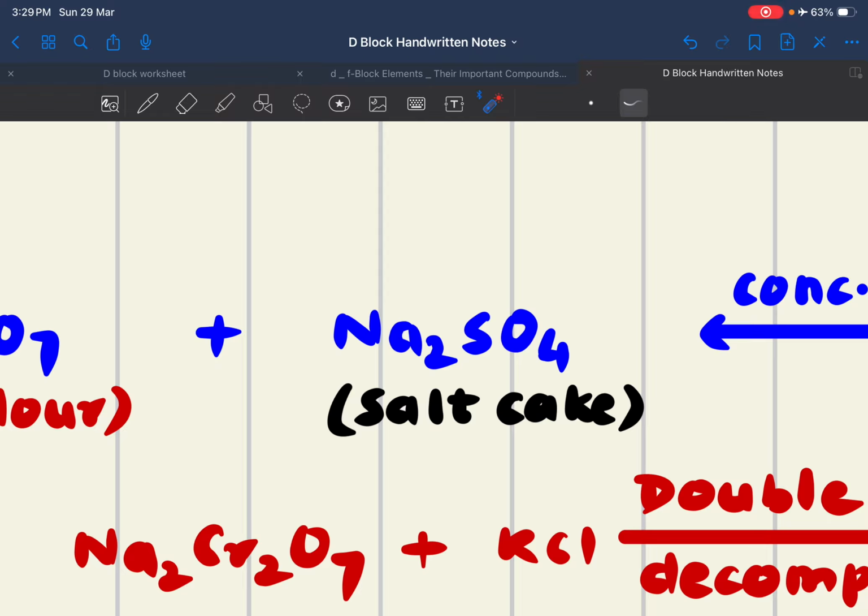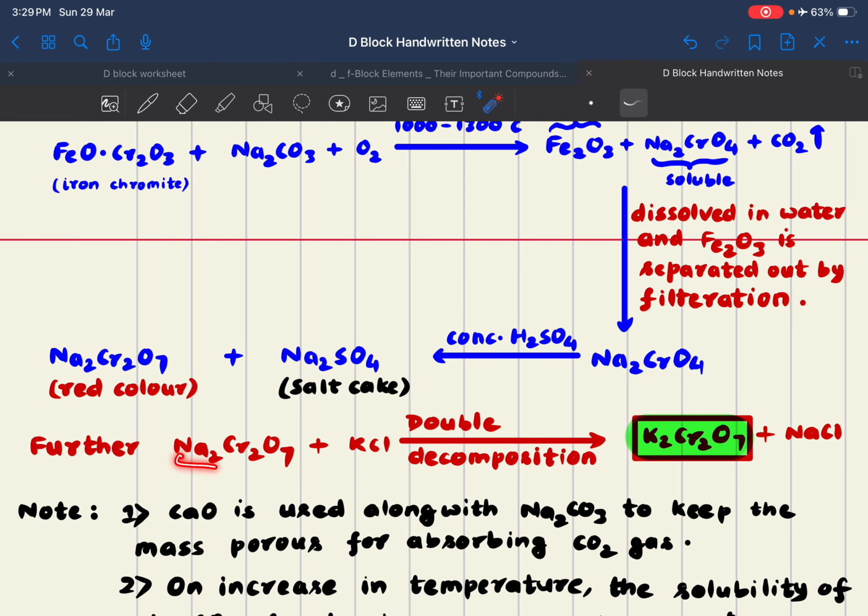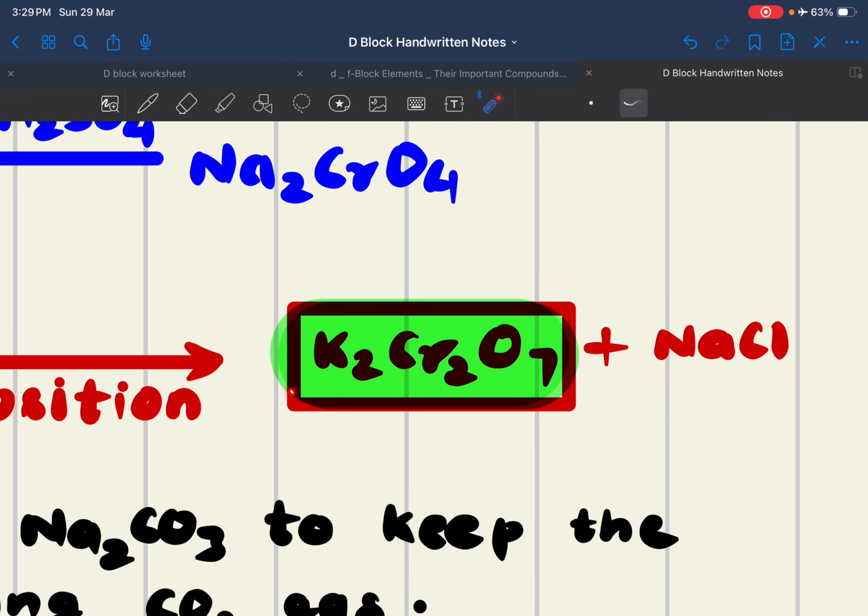So this behavior of Na2SO4 helps us to separate it during this step. Hope you have understood. The solubility first increases and then decreases on further increase in temperature above 32.4. And then further we treat Na2Cr2O7 with potassium chloride. Double decomposition takes place and we get potassium dichromate, K2Cr2O7. Hope it's clear, guys.